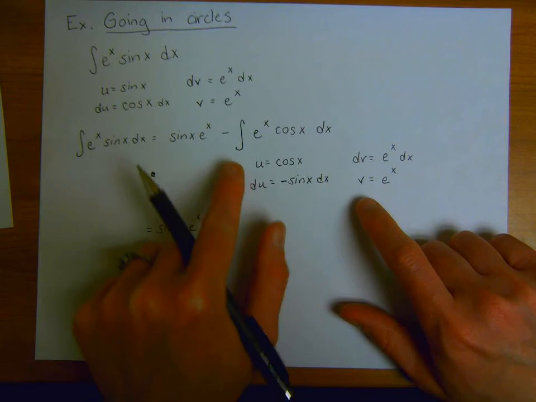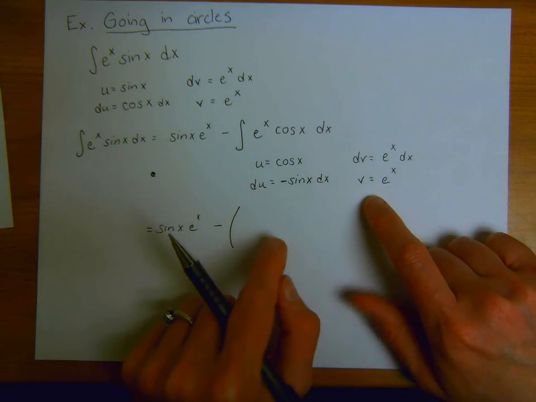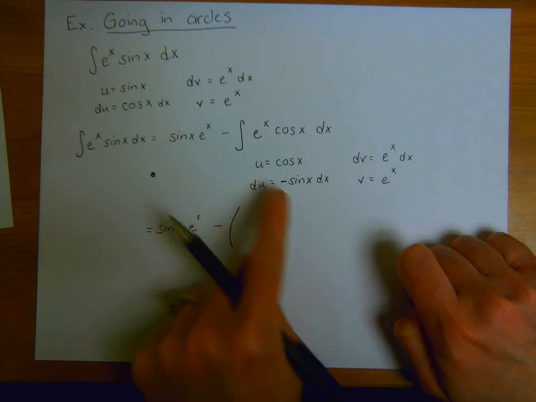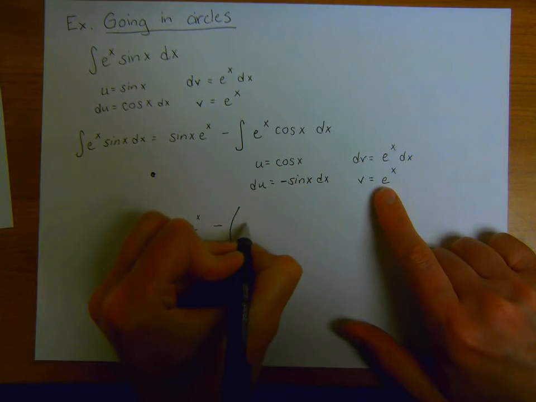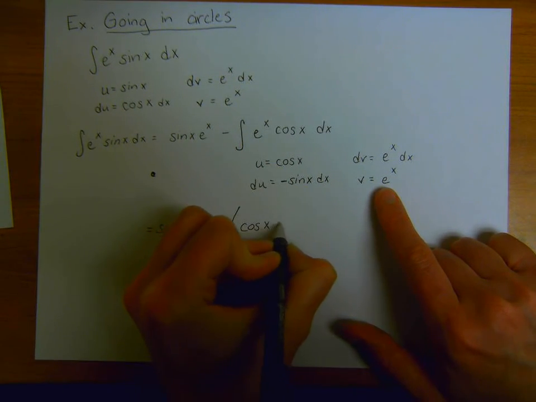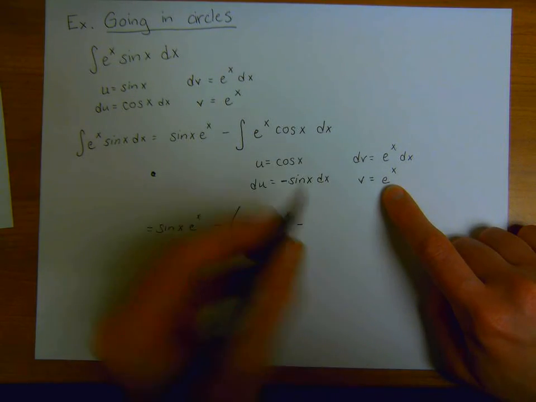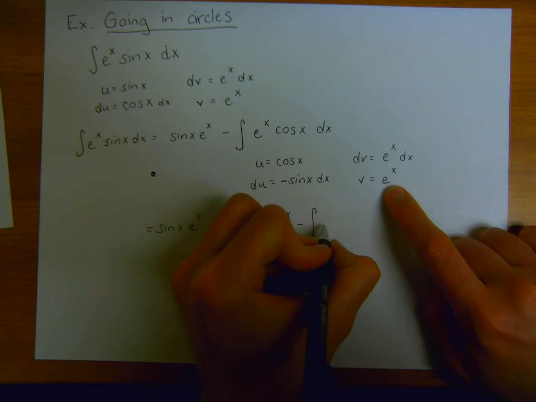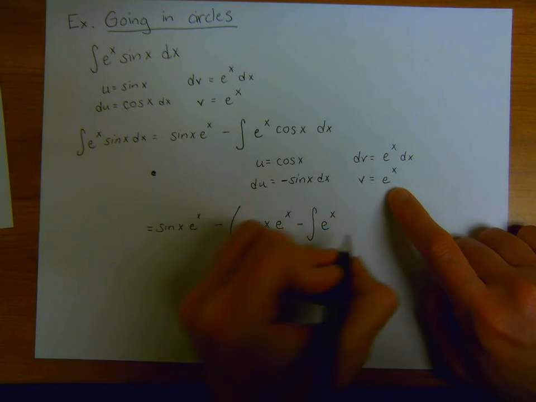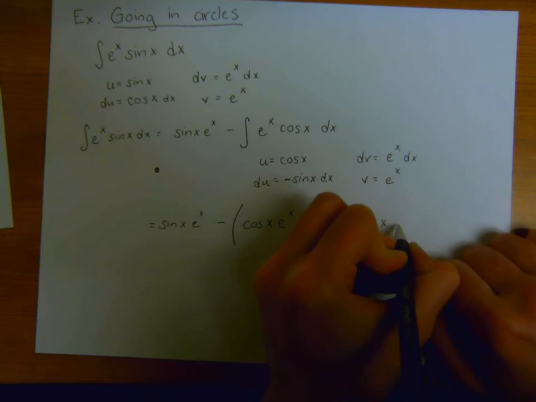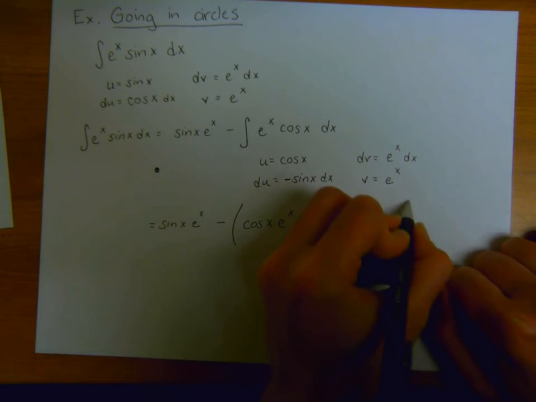So this integral, by integration by parts, is uv minus the integral of v du. u times v is cosine x e to the x minus the integral of v du, which becomes the integral of e to the x times negative sine of x dx.